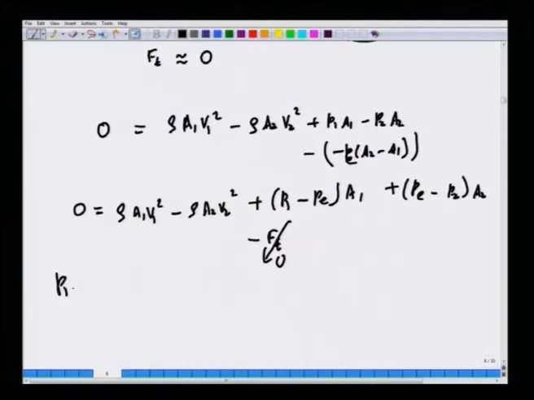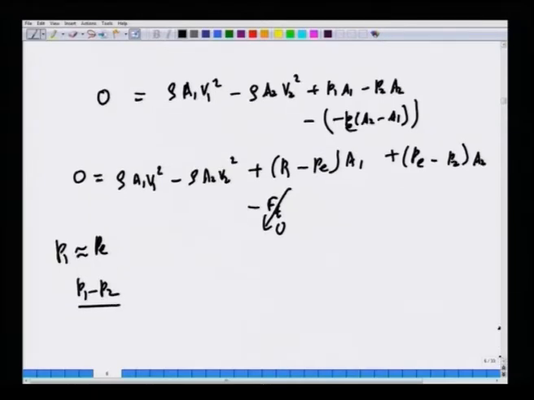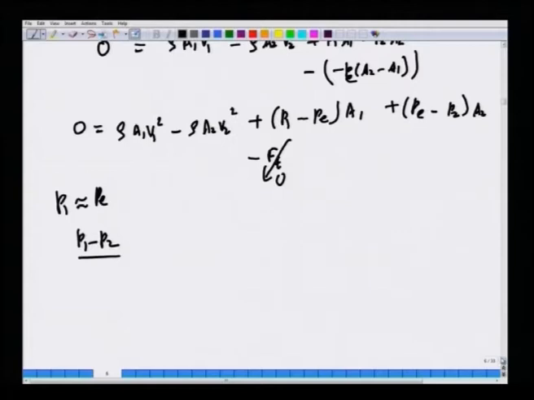So, we assume that P1 is approximately PE. By rewriting this equation, we have P1 minus P2 over rho is V2 squared times (1 minus A2 by A1).